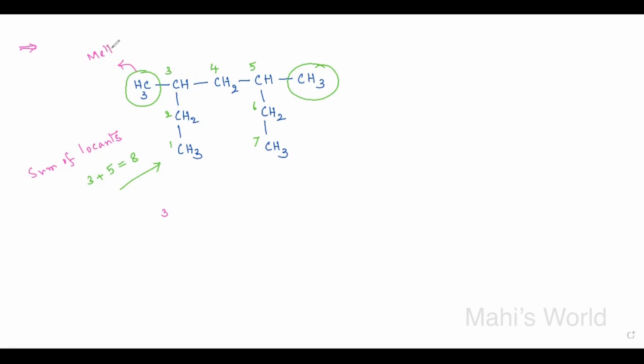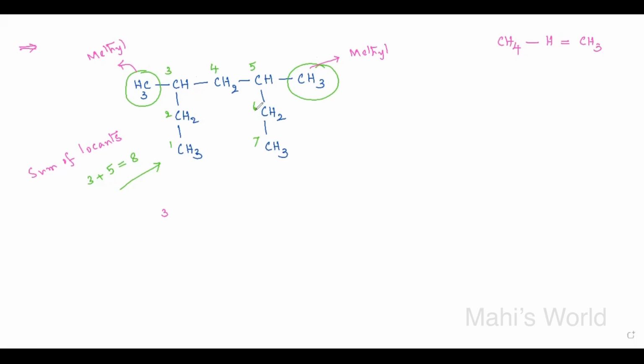This is called methyl, right? Just now I told you how we got this name methyl. Methane minus hydrogen is methyl, right? Methane is CH4. When a hydrogen is subtracted, we get CH3. This is methyl. So methane minus hydrogen.